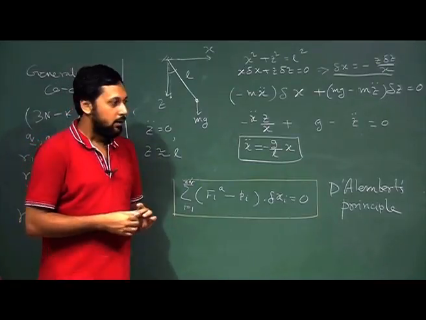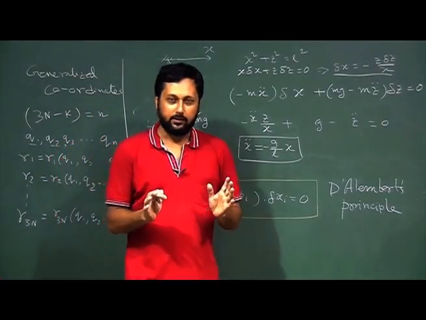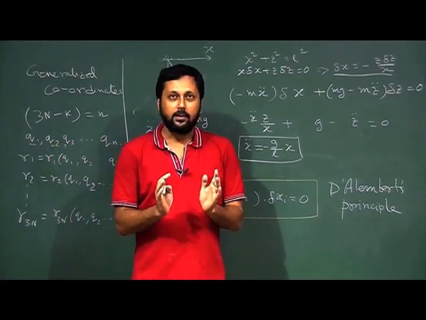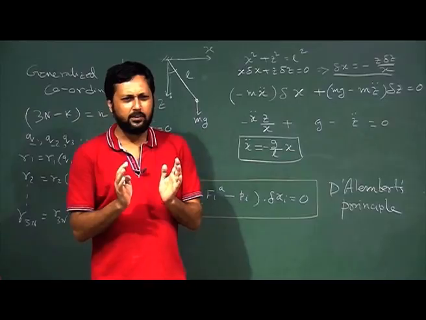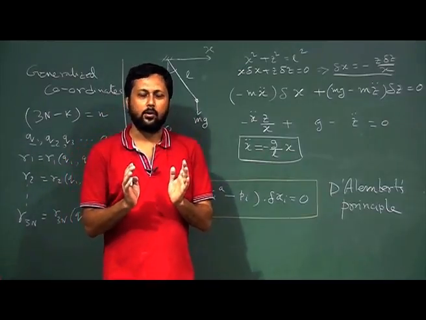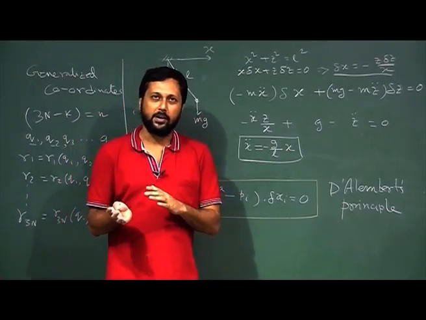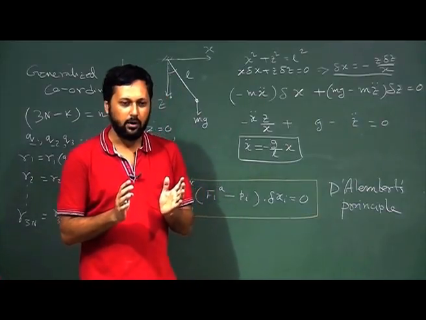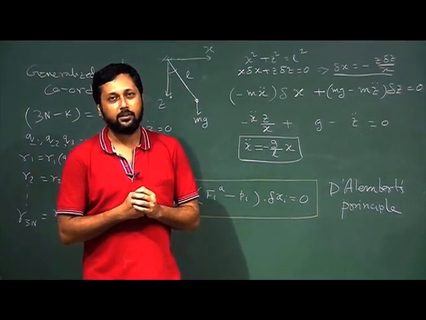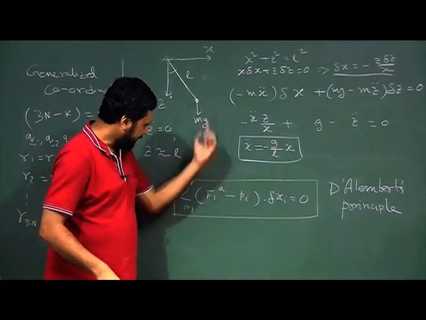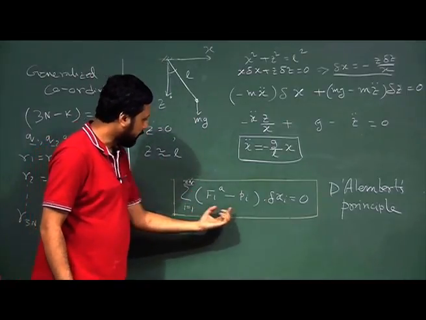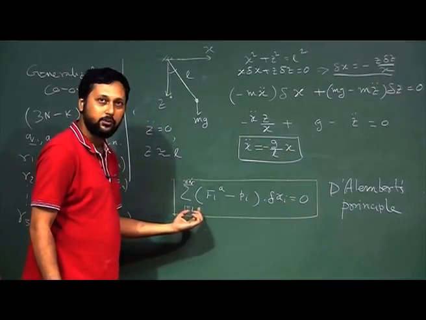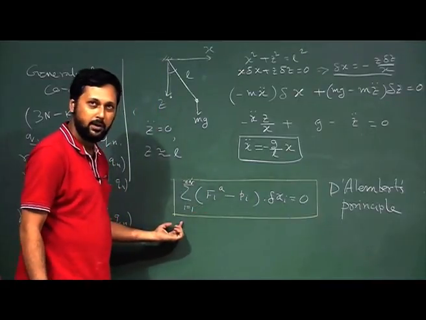So, for now I will just summarize what we have learned in this lecture. First, we have seen that virtual displacement can always be used in order to make the virtual work done equal to 0 even for rheonomic constraints. Secondly, we can write Newton's equation without involving the forces of constraint in this particular form.